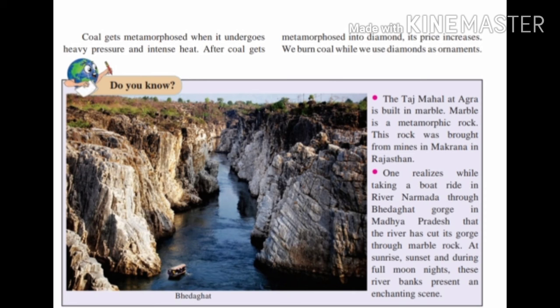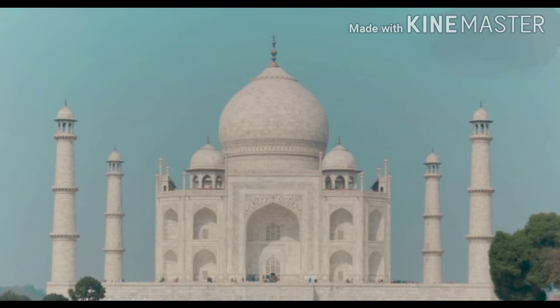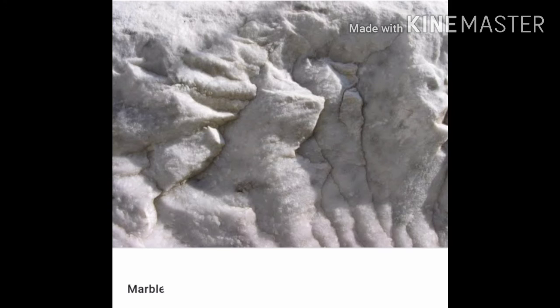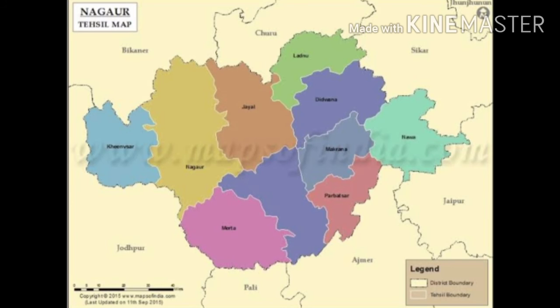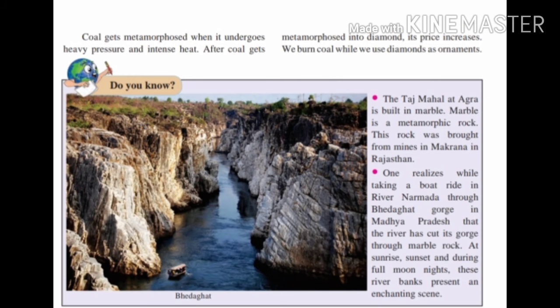Now students, let's see a few more examples of metamorphic rocks. You might be quite aware of the Taj Mahal, right? The Taj Mahal at Agra is built in marble. Marble is a metamorphic rock. This rock was brought from mines in Makrana in Rajasthan. Now let's see the second example.